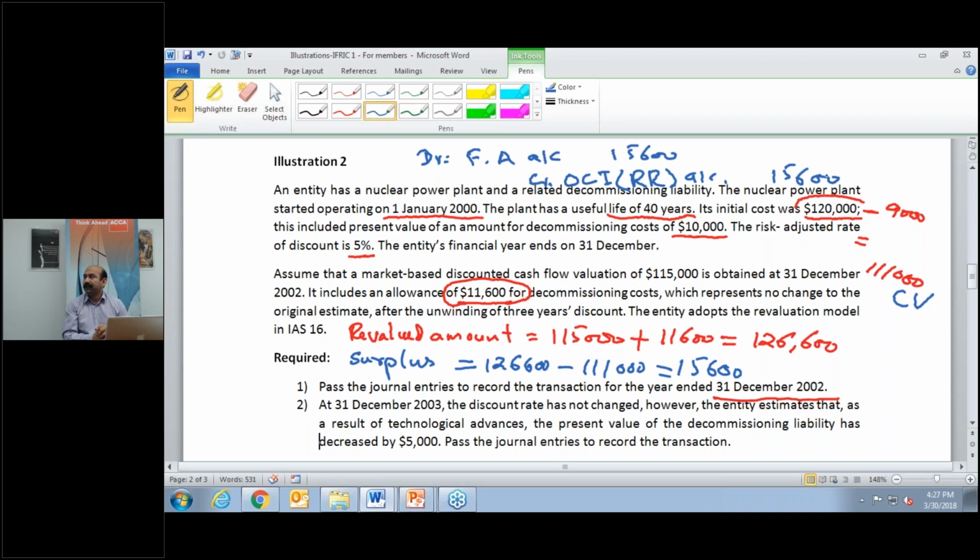Kadir Baksh, when we say this revaluation is done on cash flow basis and decommissioning effect is included in that, this means it has been included as a negative cash flow, as a cash outflow. So in order to calculate the revaluation amount for our accounting purpose, we will have to add that amount in order to reach the revalued amount, as I explained earlier.